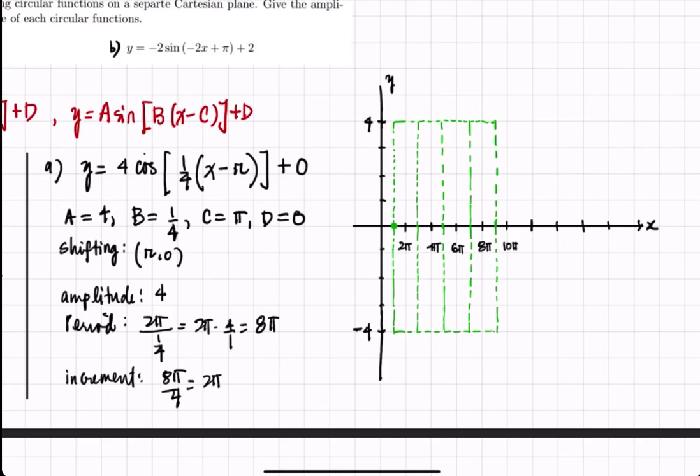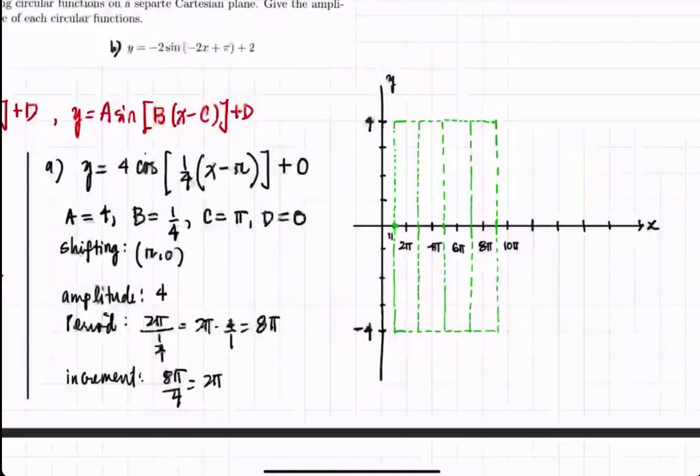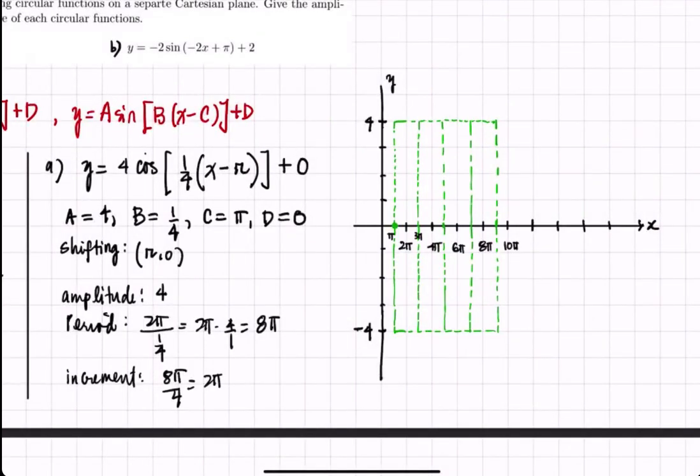Okay? So, parang lumalabas na this is pi, 3 pi, 5 pi, 7 pi, 9 pi. Okay? So, ang tanong, how are you going to draw your graph?